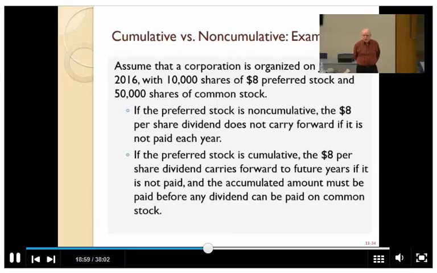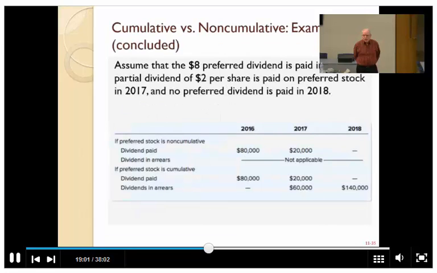All right? So assume that the $8 preferred dividend is paid in 2016, a partial dividend of $2 per share is paid on the preferred stock in 2017, and no preferred dividend is paid in 2018. Okay?